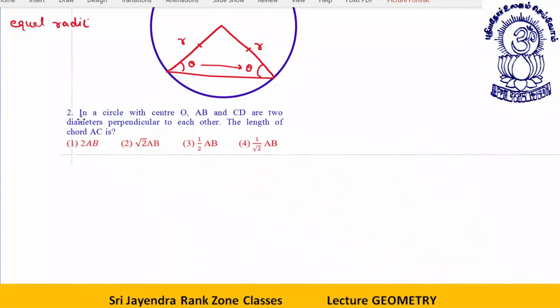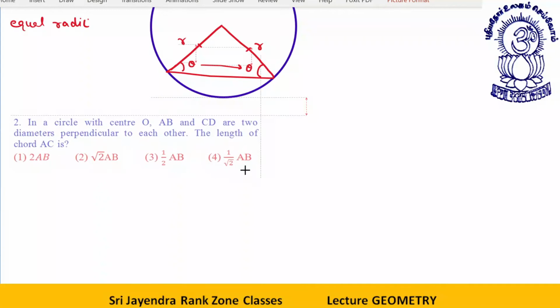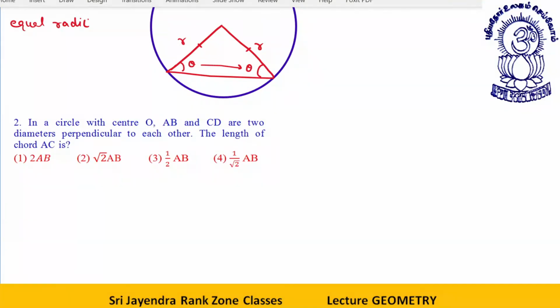The first question is: in a circle with center O, AB and CD are two diameters perpendicular to each other. The length of the chord AC is... Look, dear students, I take a circle.